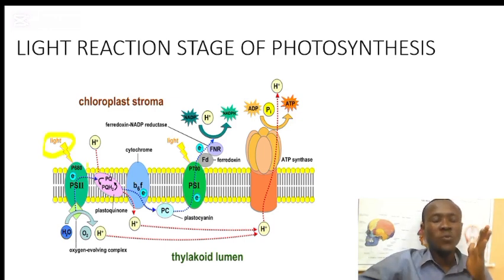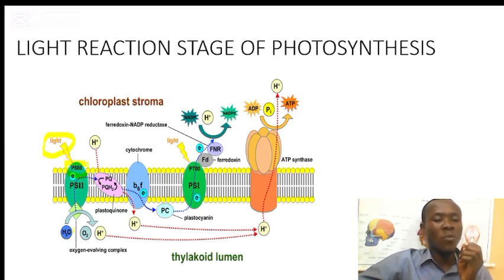This process begins with the absorption of light energy by the chlorophyll molecule. When the chlorophyll molecule absorbs light, the electrons in the chloroplast become excited. When these electrons become excited, they tend to move. And in that process, another thing also has to happen.